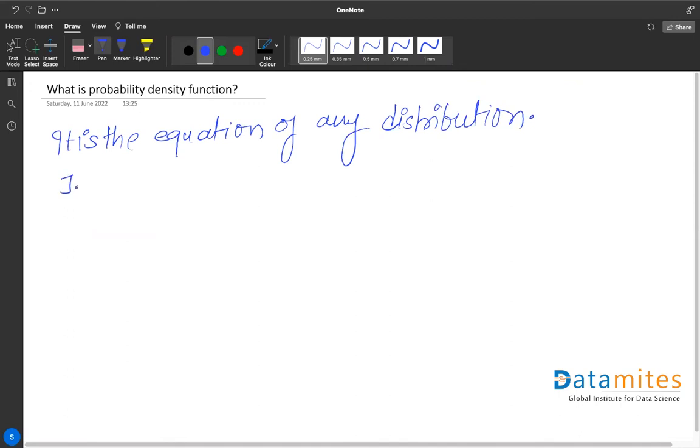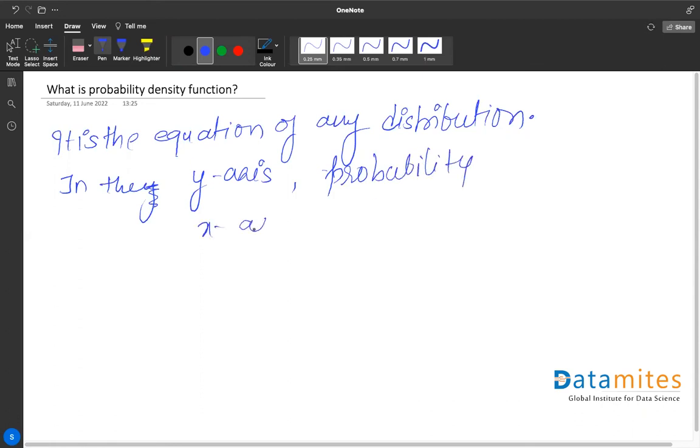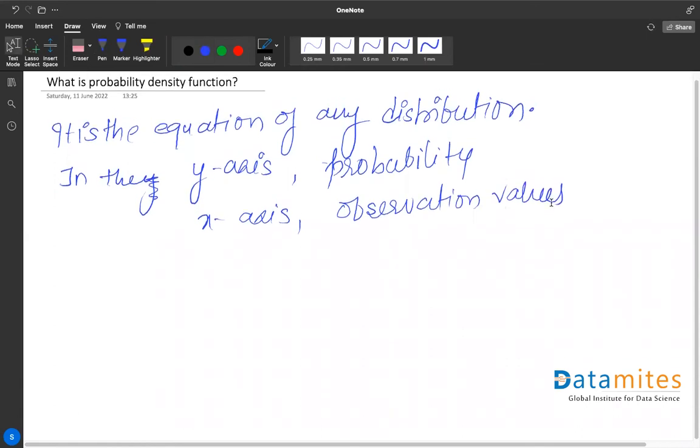In the y-axis we have probability, and in the x-axis we will have observation values. So this is what the probability density function is.